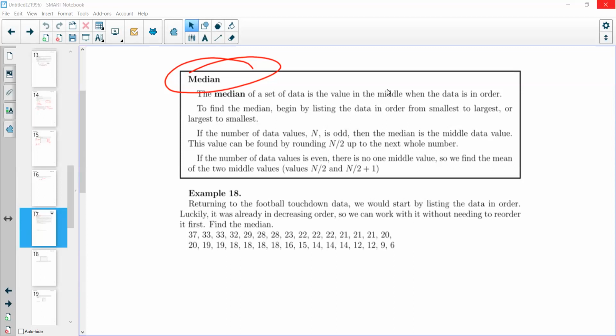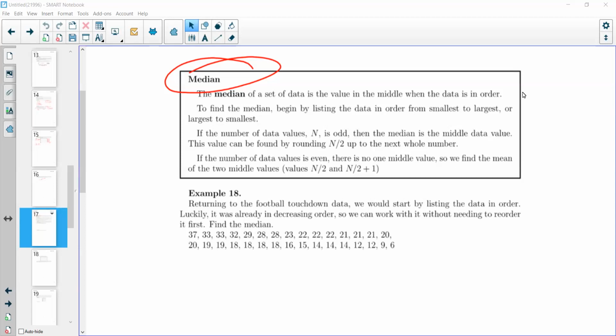Okay, so we talked about means and standard deviation, measures of centrality or central tendency. Another thing that we use to measure central tendency is called a median.